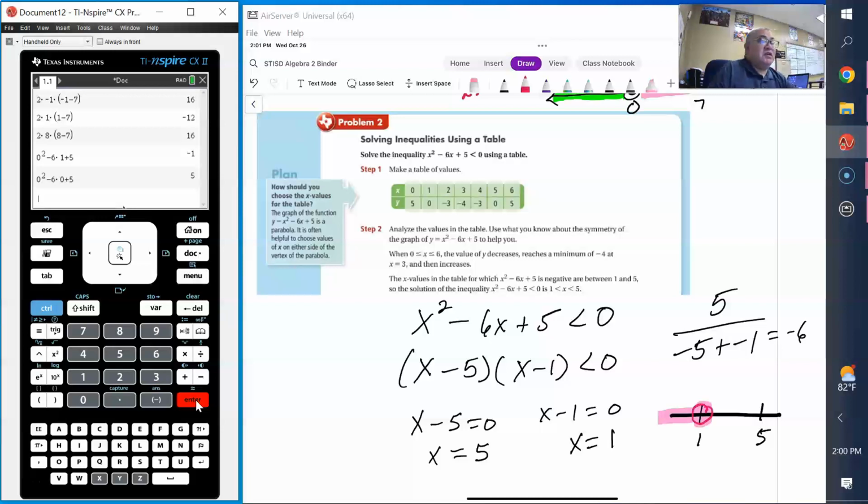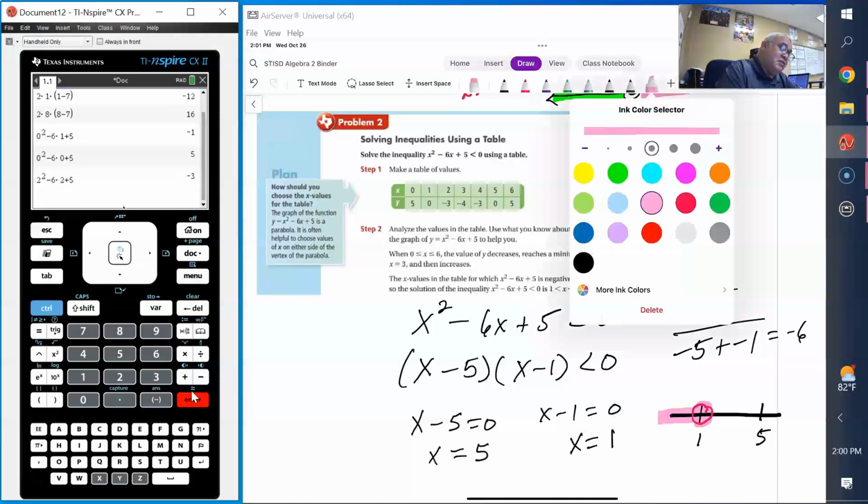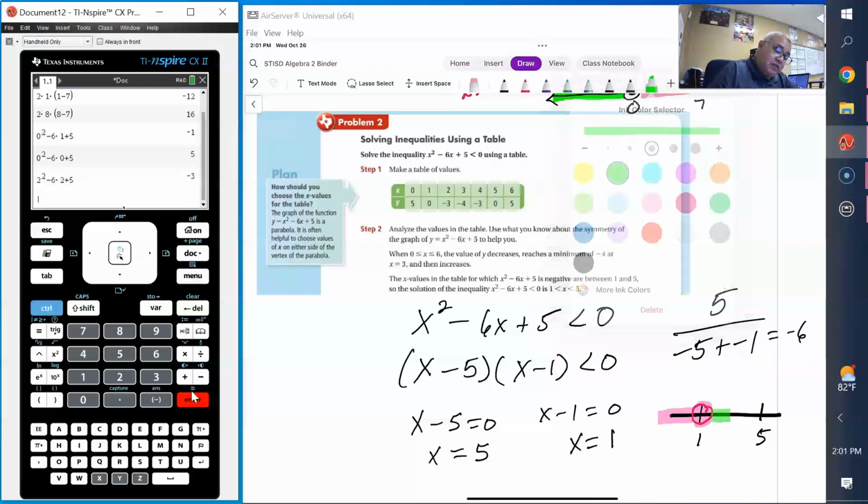So now I need to pick a number that's between 1 and 5. I'm going to use 2. So I have parentheses 2 squared minus 6 times 2 plus 5, and I want to see if that's less than 0. And that is less than 0, so I'm going to use green to indicate that every number between 1 and 5 is going to be true.